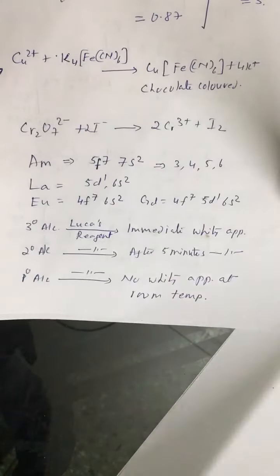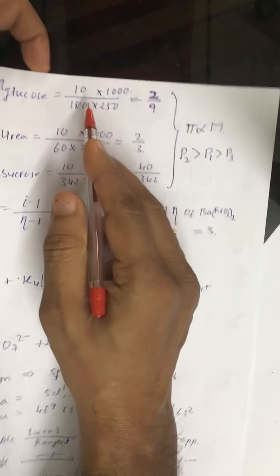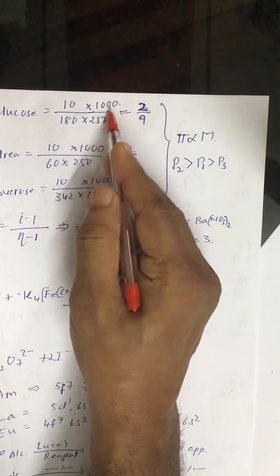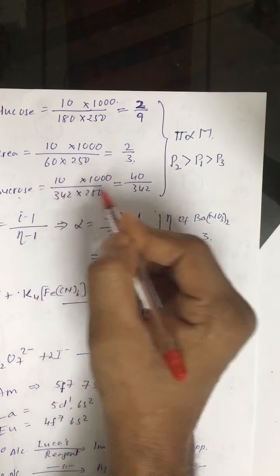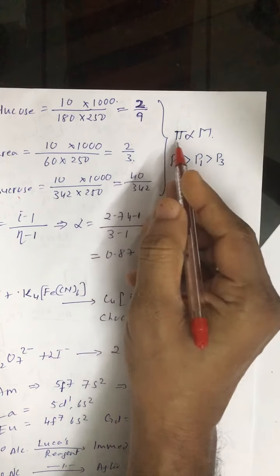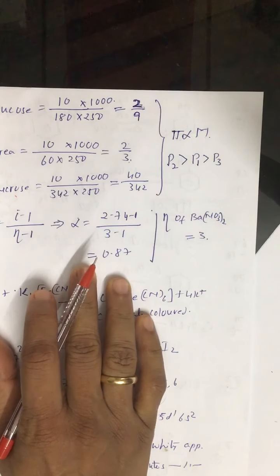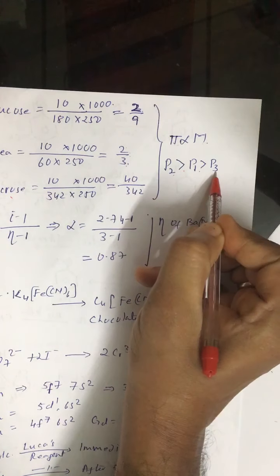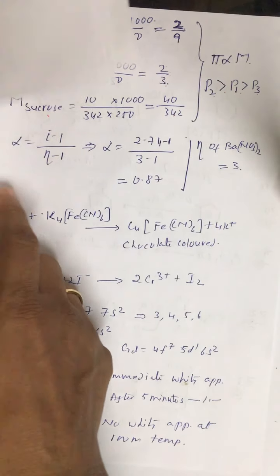We can find out molarity of glucose, given by W upon M into V. It is converted into liter. So we are getting 2 by 9 for urea, 2 by 3 for sucrose, and pi is proportional to molarity. Pi we use for osmotic pressure. So we are observing that P2 is greater than P1 than P3. This is the answer.